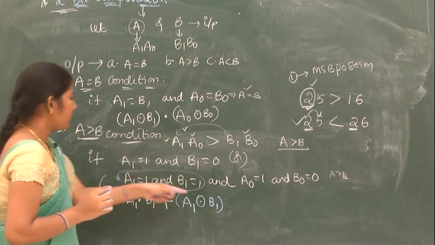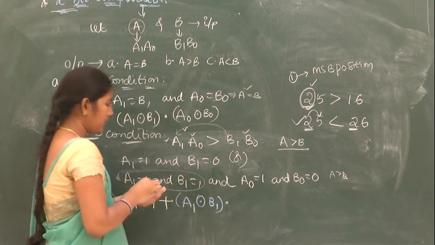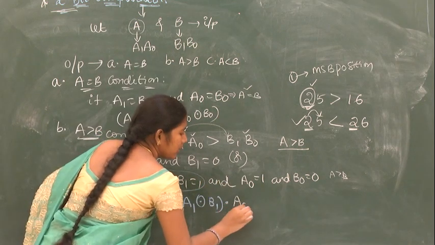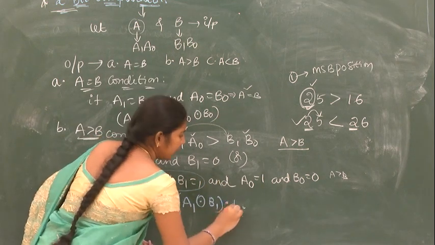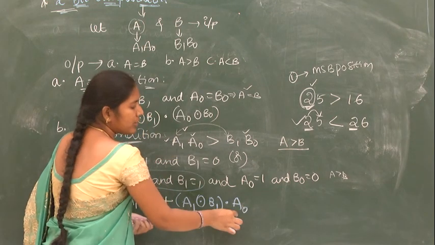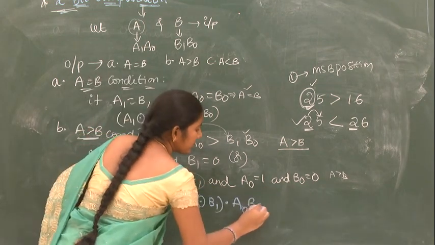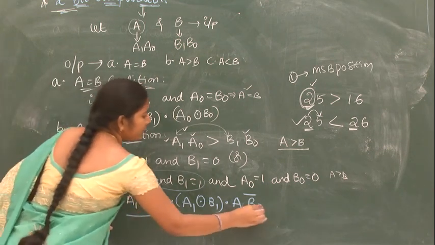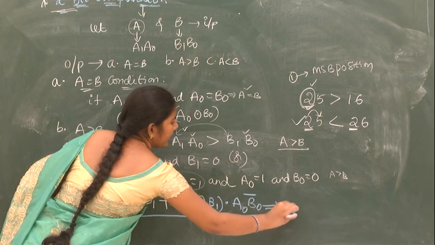Right? And here we have one more function. What is it? A0 is 1 and B0 is 0, so I am taking this complement. So this is the logic expression for A greater than B.